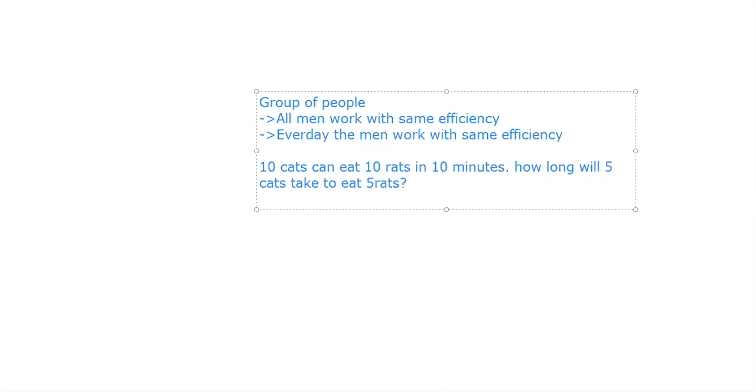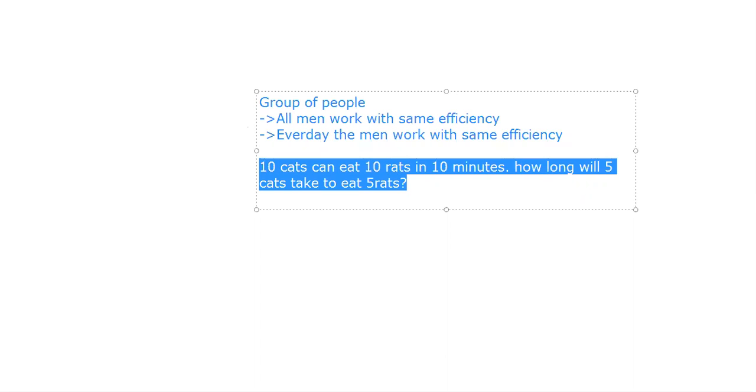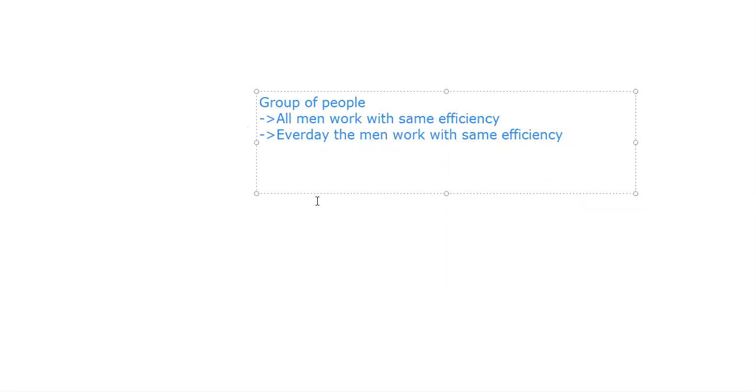So the total work done will never change. So how much time do they consume? 10 minutes. Yes. So one cat can eat one rat in 10 minutes. So obviously it doesn't matter how many rats, it will take the same number of minutes. Perfect.